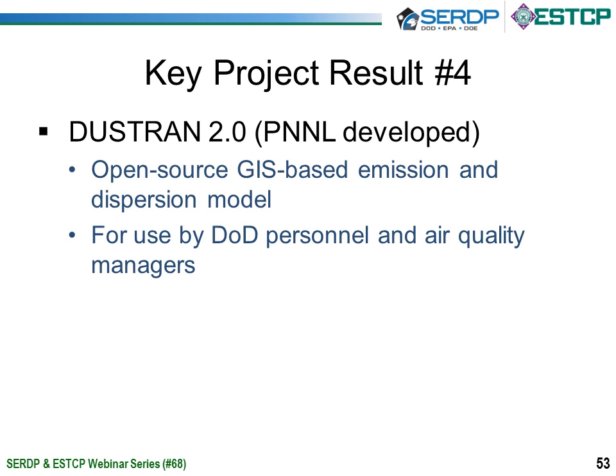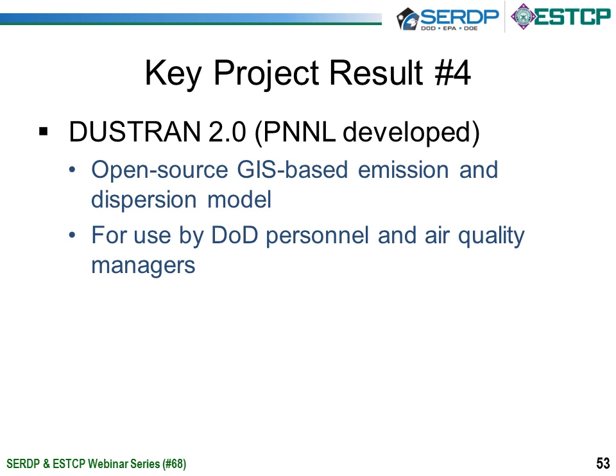As someone asked in the questions section, this is an open source GIS-based emission and dispersion model that is freely available to military installations and can be used by DoD personnel and air quality managers to predict what the in-base and out of installation PM might result from the military testing and training activities.